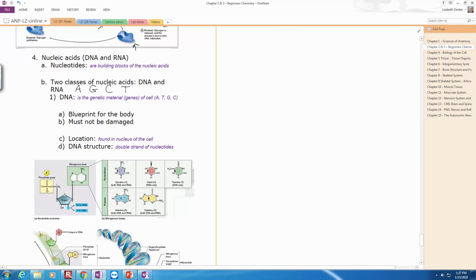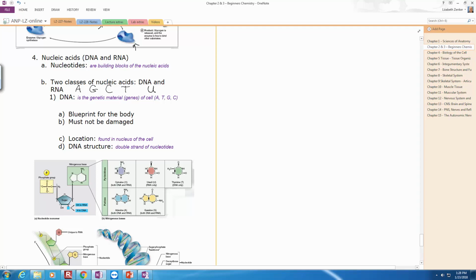Those 4 are all found in DNA. The key there is both DNA and RNA have adenine, guanine, and cytosine. The difference is RNA has uracil as its nucleotide instead of thymine. So if you see uracil, you know you're talking about RNA. If you see thymine, you know you're talking about DNA.